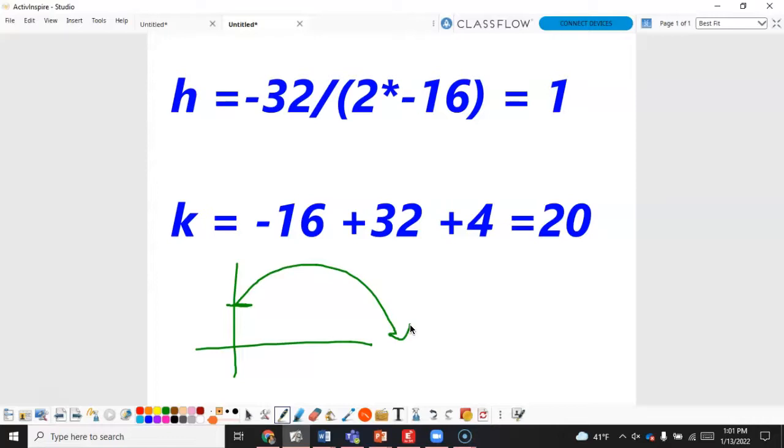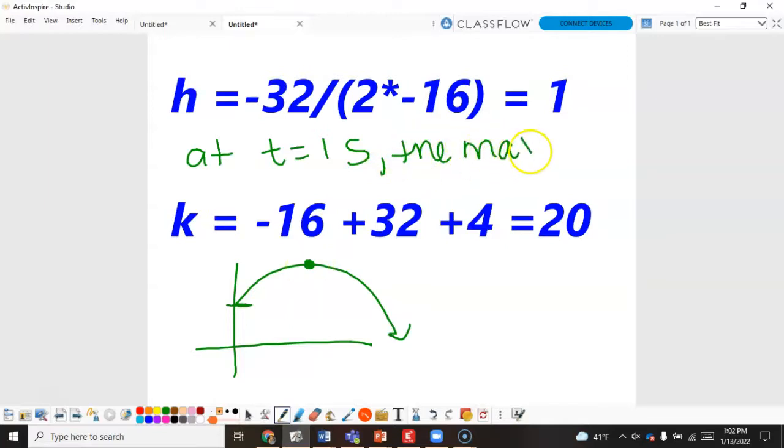It says find the max height reached by the ball. Well, a maximum or a minimum of a quadratic occurs at the vertex. So to find the max height and the time it occurred, you find the time, because t is my x variable, that the max height occurs. We started by finding the h value of the vertex. So at t equals 1 second, after she throws the ball, the ball will reach its max height.